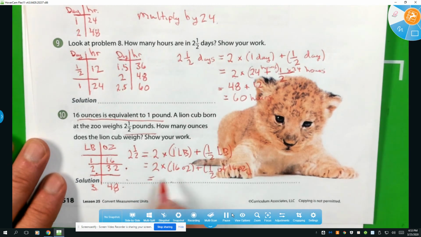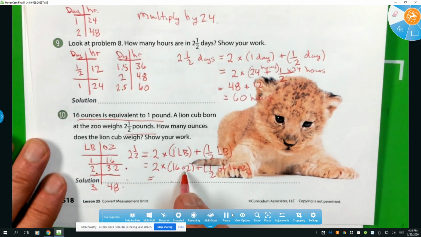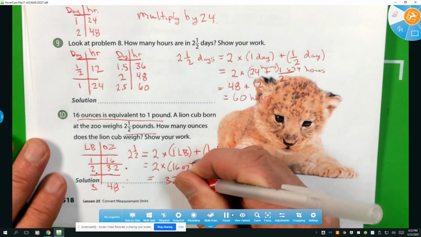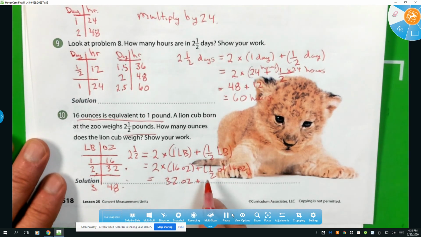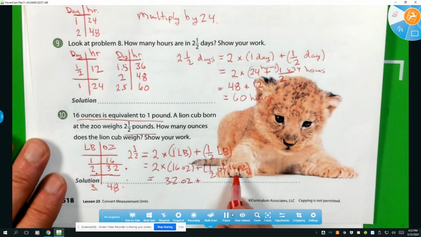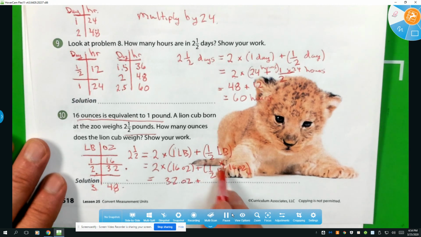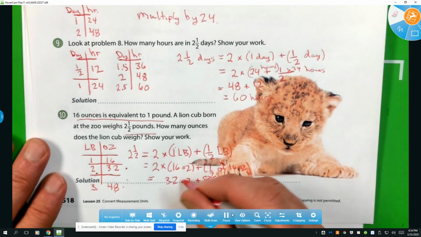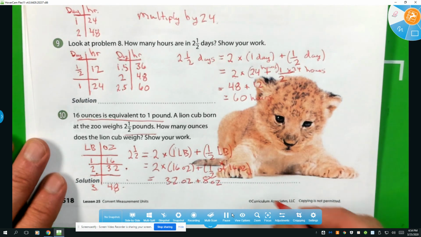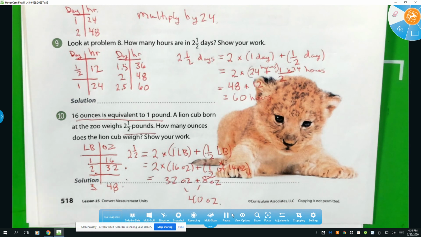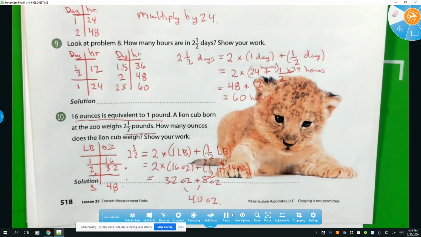So 2 times 16 ounces, pause if you need to, is what? 32 ounces plus 1/2 of 16. 1 times, remember, of means times. 1 times 16 is 16 over 2 is 8. 32 ounces plus 8 ounces, 40 ounces.